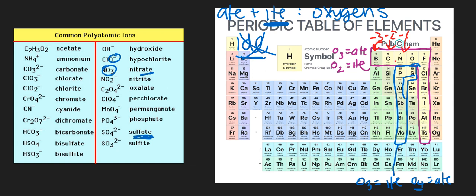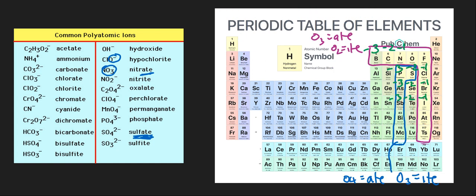Then phosphate has -3, sulfate -2, and chlorate -1, then -3, -2, -1. So you kind of jump over 2. And then the rest of this follows the same principle. And one thing to note is that -ate is always the bigger one than -ite. So as you can see, it's always one less, if you didn't notice that before.